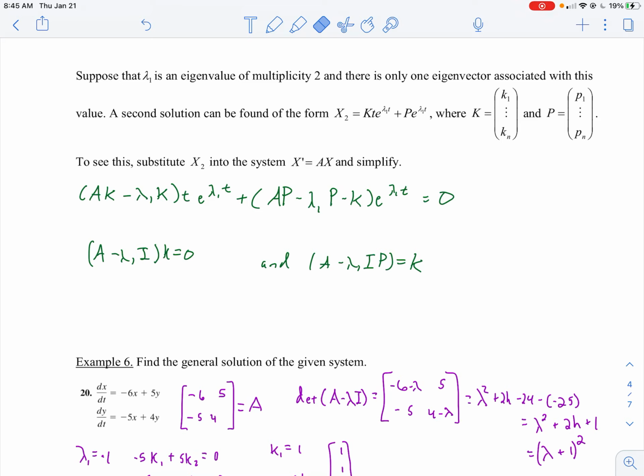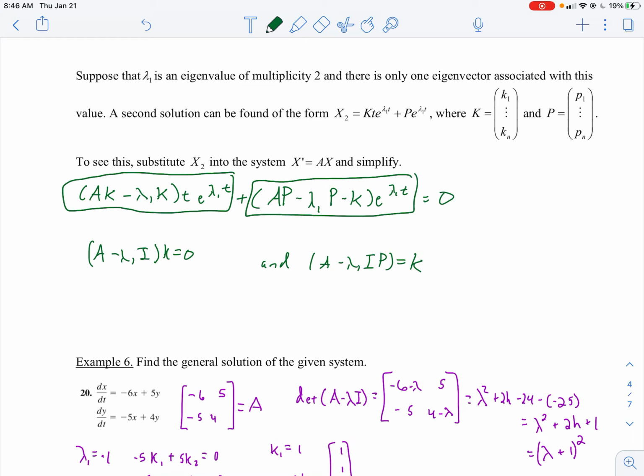Well, to see this, we substitute x sub 2 into the system. When we substitute x sub 2 into x prime equals Ax and do the derivatives, we're going to get our initial eigenvector times t plus our new eigenvector times e to the lambda sub 1t.